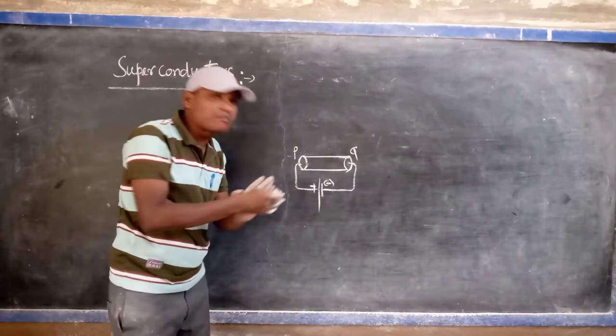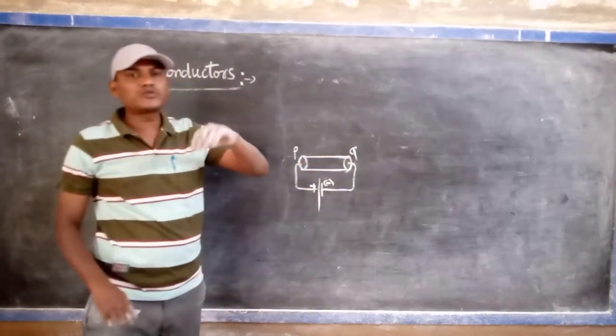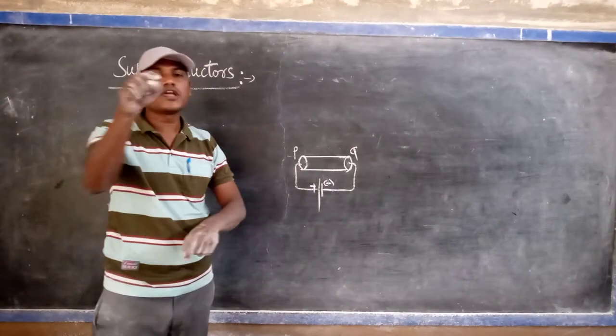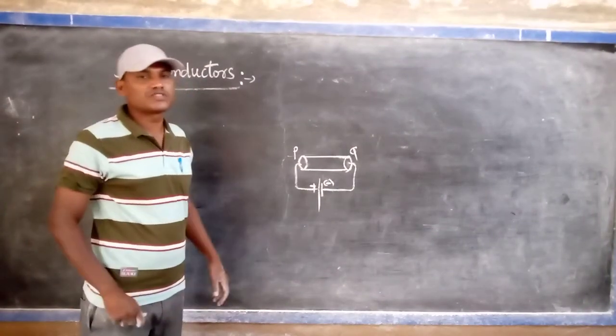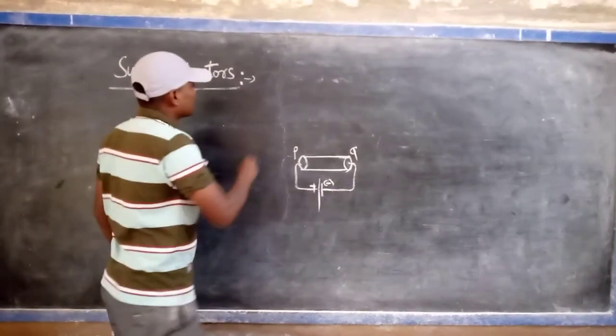Now we remove the battery also, and the current continuously flows through the wires for some years. Those conductors are called superconductors, but scientists have not yet achieved this fully; they find it only at a particular temperature. Listen very carefully.